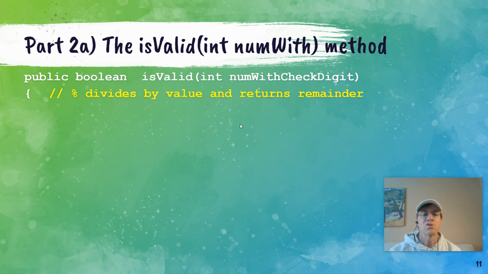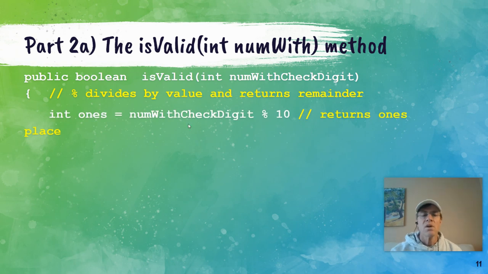That is the trick to find out what the ones place is. So the ones is going to equal the parameter modulus 10. All right, so if it was 159.5, 159.5 modulus 10 is going to return 5, because the 5 would be the remainder if I divided that by 10.